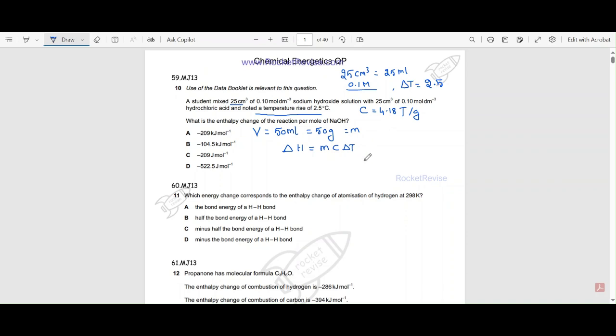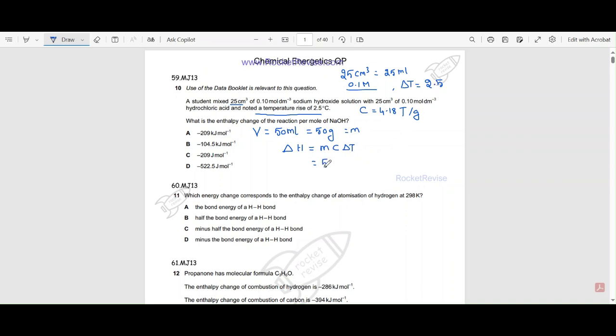You may think the SI unit of temperature is Kelvin, so we have to convert it into Kelvin, but it is not for delta T, because delta T will be the same in Kelvin as well as Celsius. So take it as such.